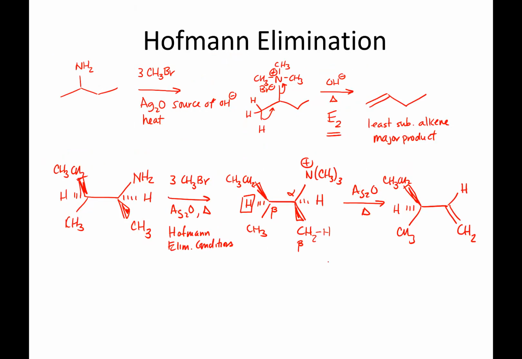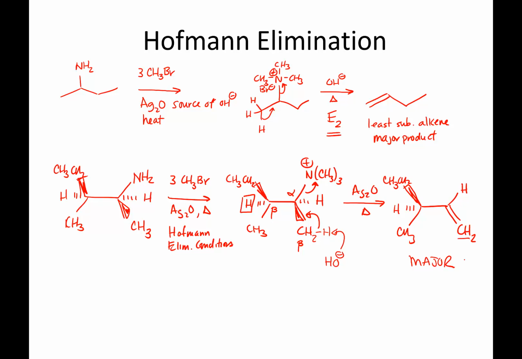So what would happen is, if you think about this E2 happening, the OH comes in, grabs the hydrogen, pair of electrons moves, and then the ammonium leaves. So I'm going to form the double bond to the carbon with the most number of hydrogens, in this case the CH3. So I am forming the least substituted double bond. This will be the major product.